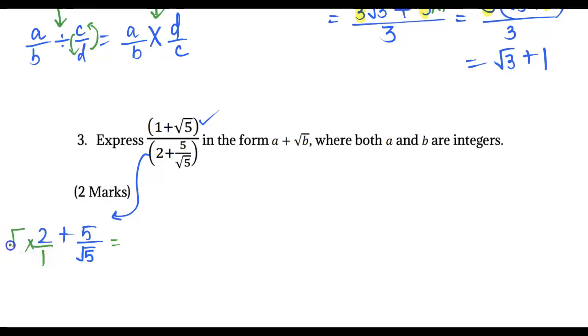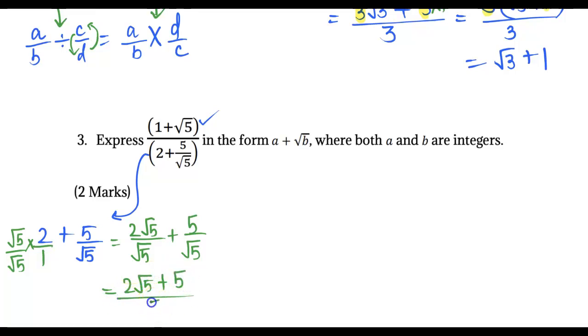If you multiply 2 by root 5 over root 5, you're going to be getting 2 root 5 over root 5 plus 5 over root 5. That can be written as 2 root 5 plus 5 over root 5, right?